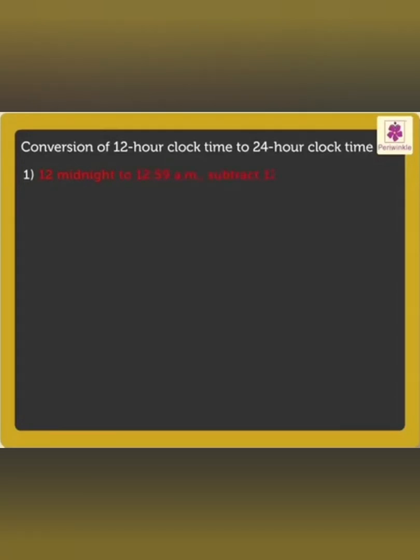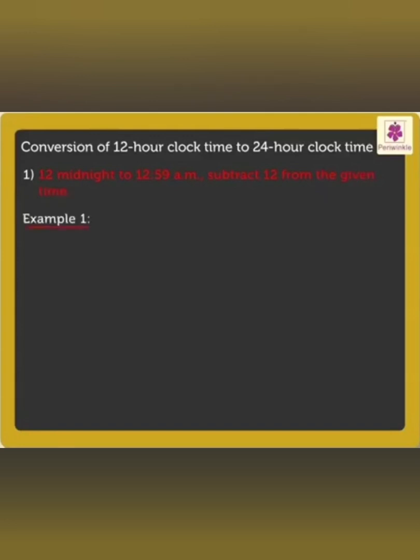Let me show you how to convert the 12-hour clock time to 24-hour clock time. Depending on the time intervals, the conversions are carried out as follows. 1. For the time from 12 midnight to 12:59 am, subtract 12 from the given time.